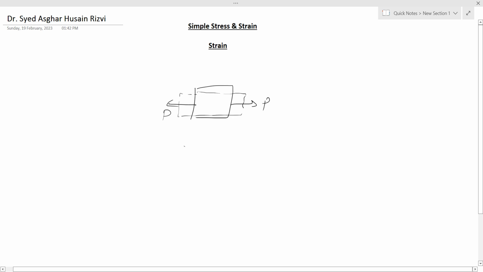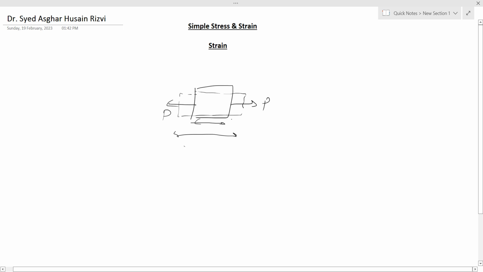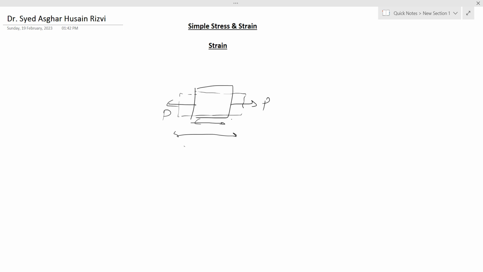If a tensile force is acted, its length gets increased. So from here we can derive that initially the length or the dimension is changed. Whether it will increase or decrease, it will depend upon the nature of the stress or the nature of the force that is acted upon the body.